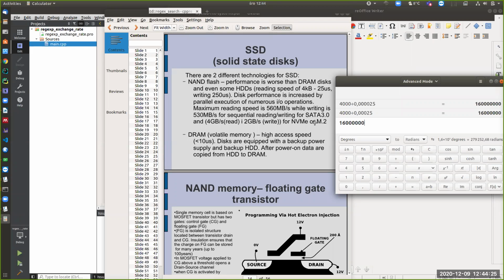If you use an NVMe or M.2 interface, you can read data at 4 gigabytes or 2 gigabytes per second. In a moment, I'd like to explain why, having an SSD, we are limited only by the throughput of the interface, even though the speed of writing and reading data from a single cell is comparable to a hard drive.